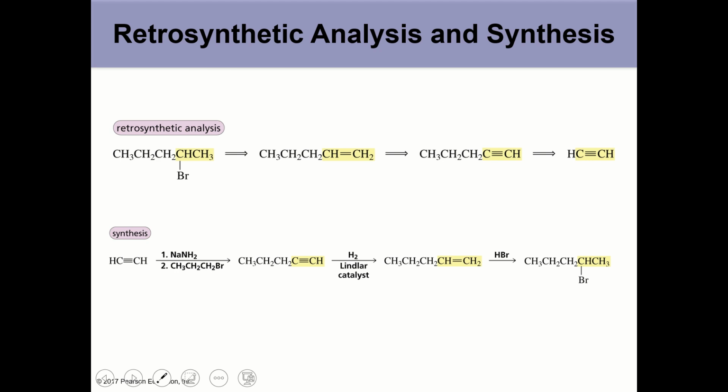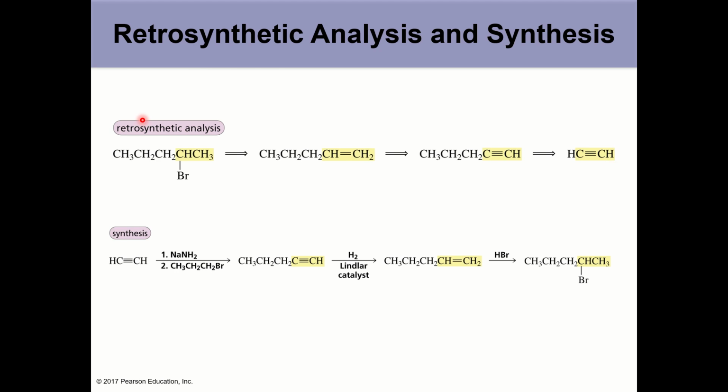All right, so the process that I just went through, your book calls retrosynthetic analysis. So in their retrosynthetic analysis, they take the 2-bromopentane and they highlight the first 2 carbons, because those carbons they are proposing come from the ethyne. Okay, and so then they're saying we can make the bromide from the alkene, we can make the alkene from the alkyne, and we can make the 5-carbon alkyne from the 2-carbon alkyne.